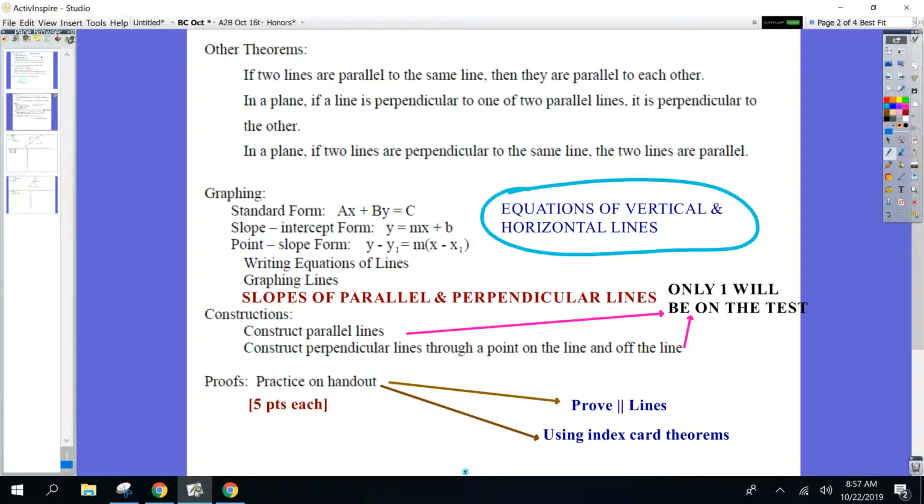We'll go over it one more time. I know we went over it during homework, but any vertical line will be x equals some number, and any horizontal line, y equals some number. No y-intercept for the vertical.